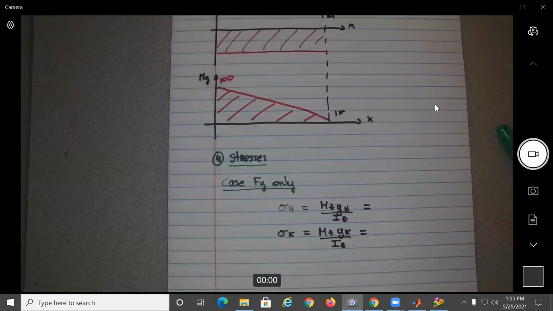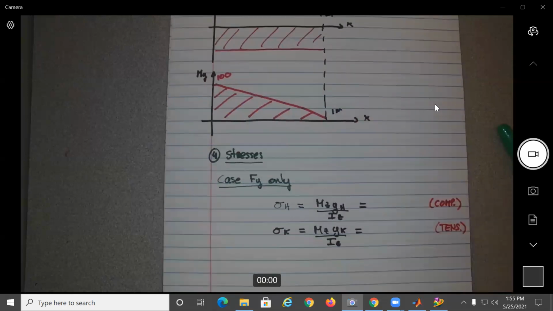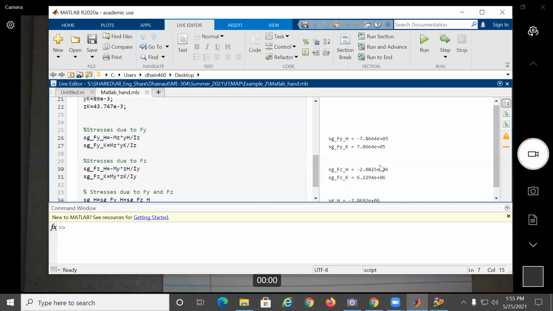So K, let's say here, will be tension. But again, that's why we are doing this both ways. We can check. All right, so if we do the MATLAB calculations, what do they give us? Maybe I put the signs here. I already put the results.